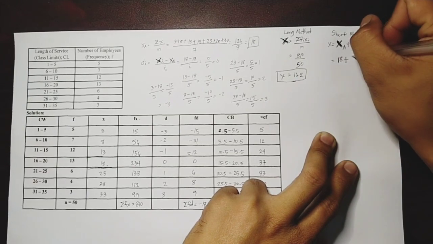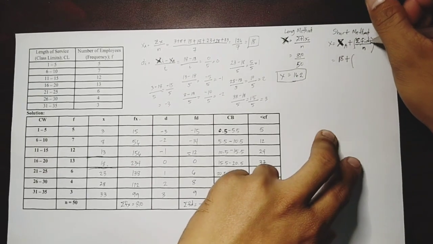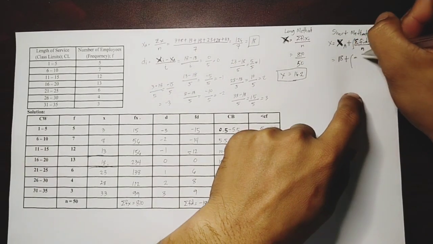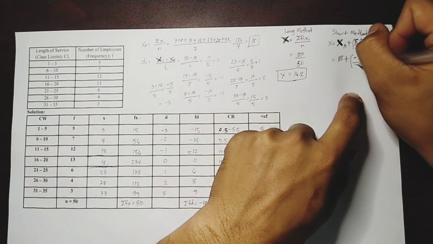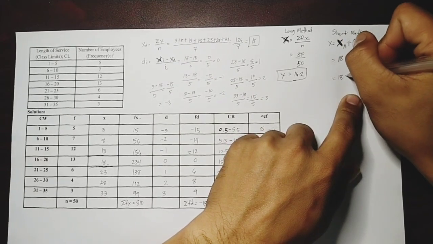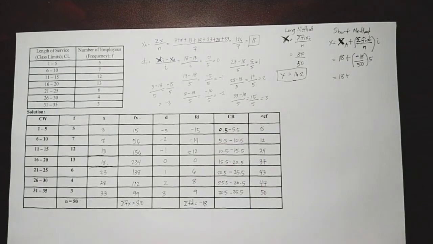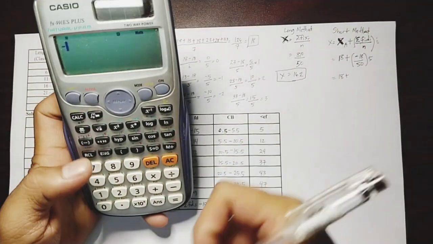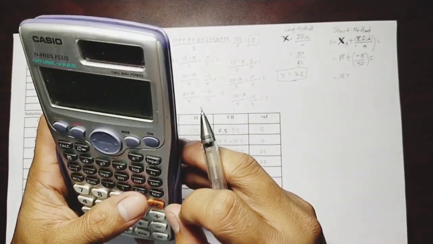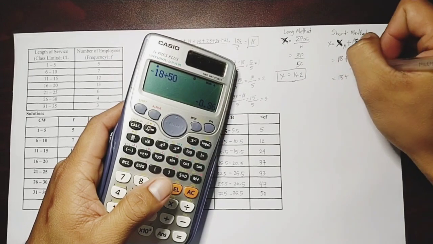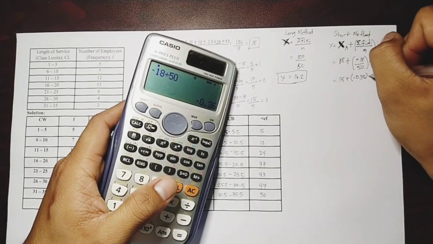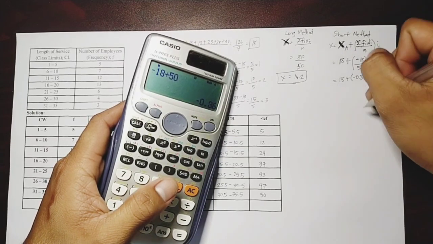plus, okay, summation of fi times di is ito. We have negative 18 over 50 times our class interval of 5. So, we have 18 plus negative 18 divided by 50, which is negative 0.36 times 5. Okay? Times 5.